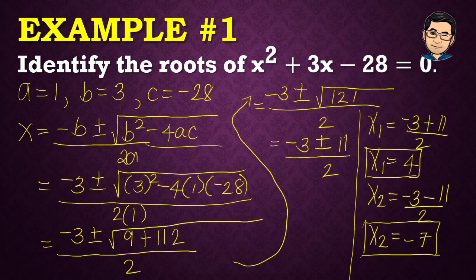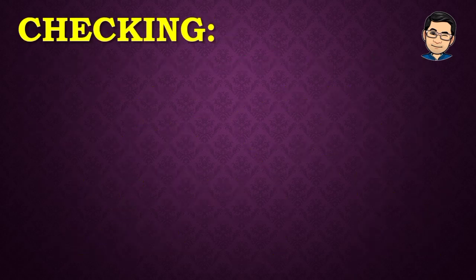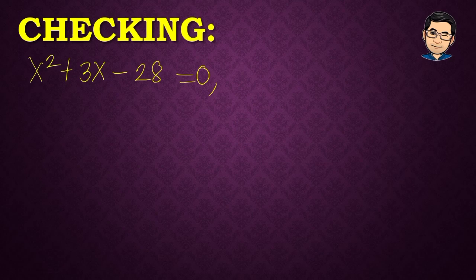So, let's check. x squared plus 3x minus 28 equals 0. Yung mga roots natin, 4 and negative 7.